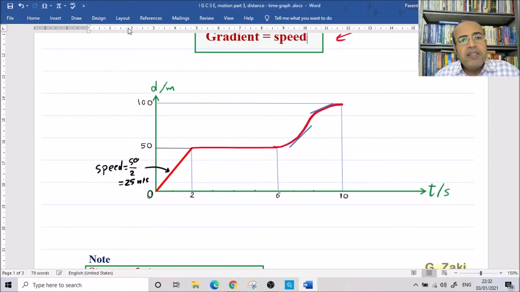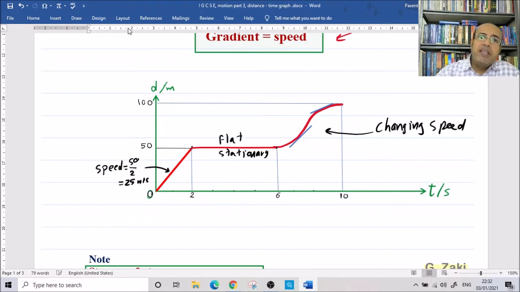Now, if it is flat like this, it means stationary. So the object is at rest or stopped from 2 seconds until 6 seconds. In this part, it is a curve. A curve means a changing speed. Changing speed means the speed increases or the speed decreases.